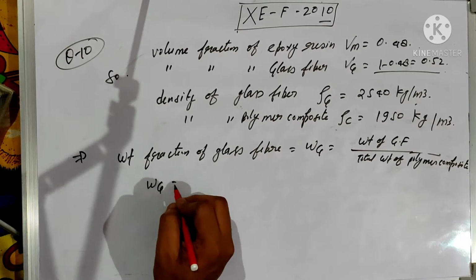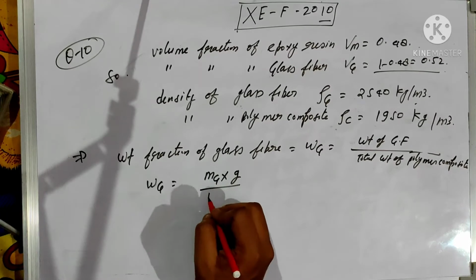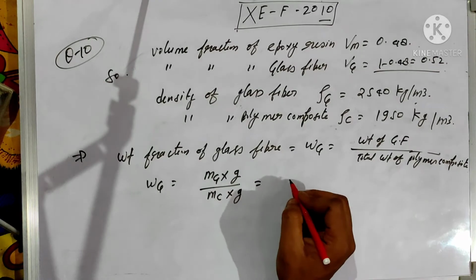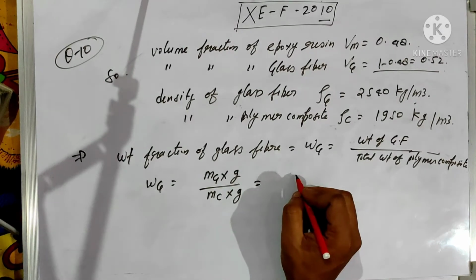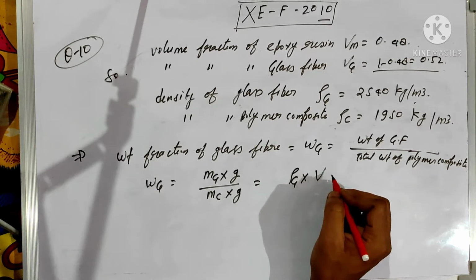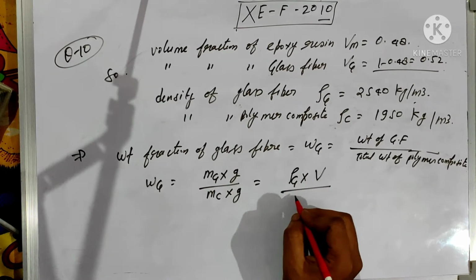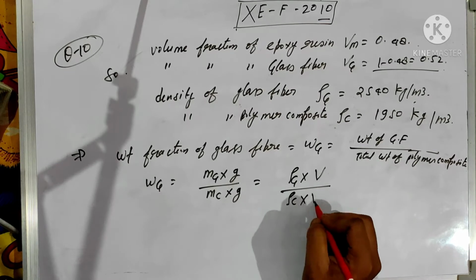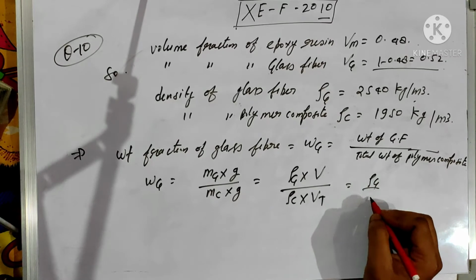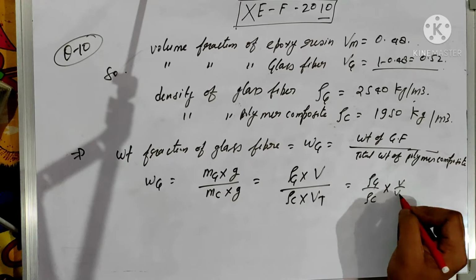Now W is equal to mass of glass fiber into g divided by mass of composite into g. Since mass is equal to density into volume, this is density of glass fiber into volume of glass fiber divided by density of composite into volume of total composite, which is rho g by rho c into Vg by Vt.